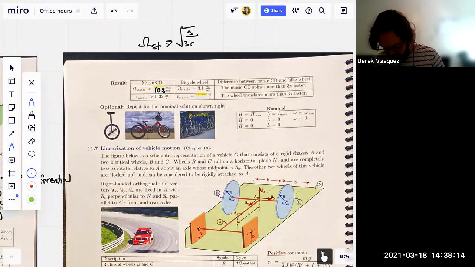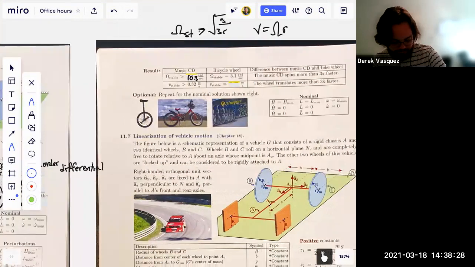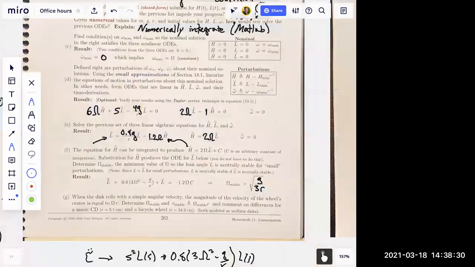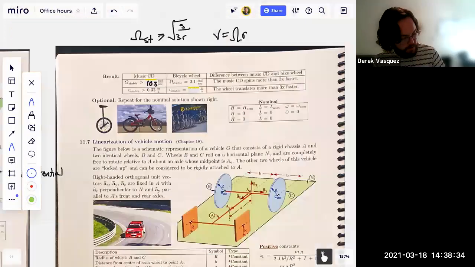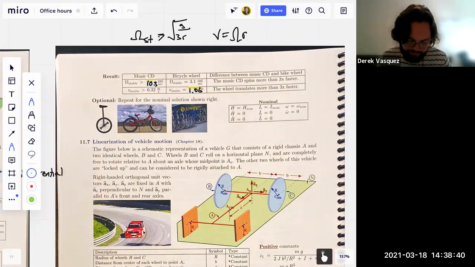And then V is 3.1 radians per second times 0.343. So that gives us 1.06 meters per second.